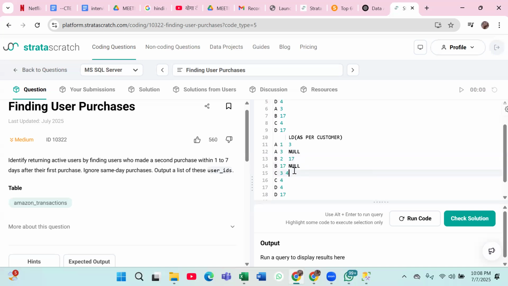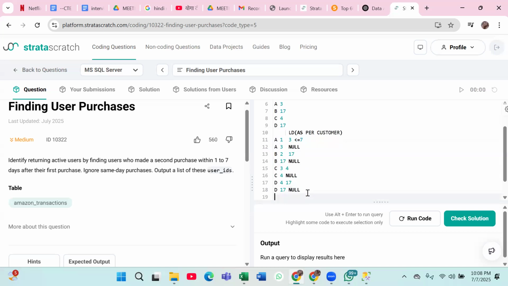Here also it will be 4, null. And for D, it will be 70 and null. Am I right, everyone? Then you will just take the difference between these two. If the difference is less than or equal to 7, then it was purchased within 7 days, else not. Are you able to get the logic? Do let me know. Then I will write down the syntax.